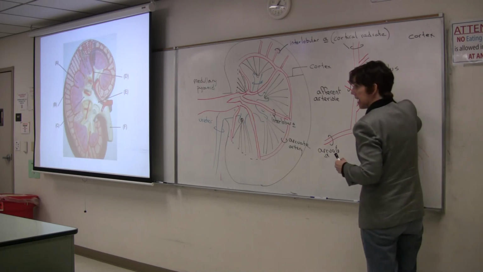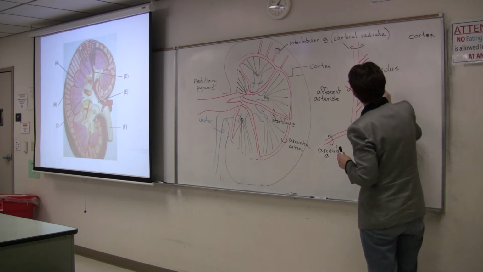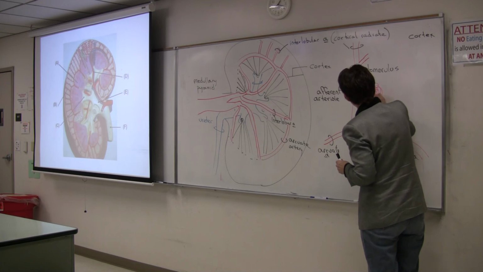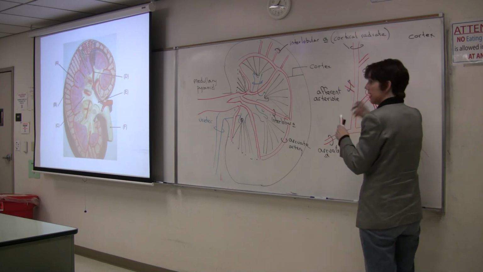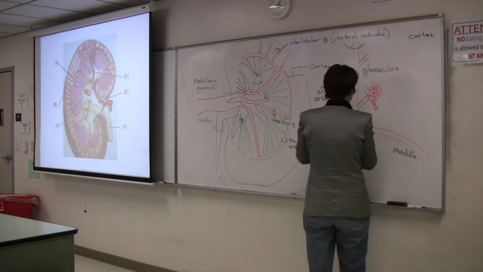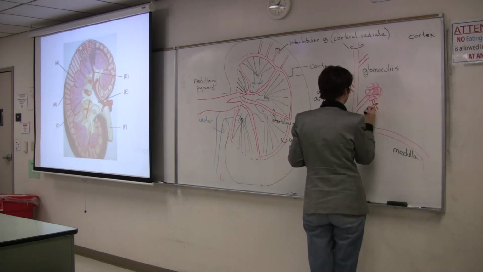Then, leaving the tuft of capillaries is another arteriole. Since it's leaving, it's called an efferent.